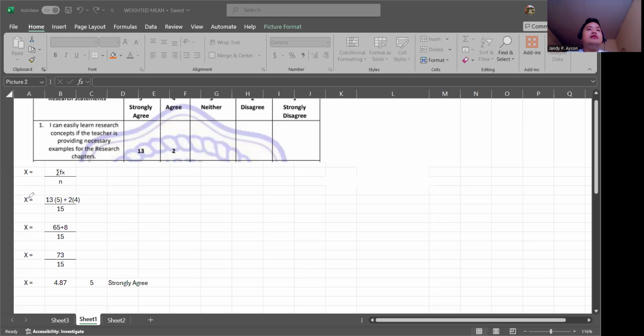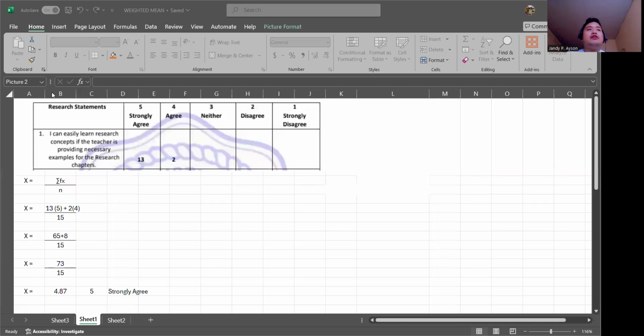So, convert natin yung formula to its corresponding value. X bar is equals to the summation of f. Ano daw yung f natin? Frequency. Ano yung una nating frequency? 13. So, 13 saang value siya? Siya po ay sa 5. So, ilan daw yung nagsabi ng 5? 13.